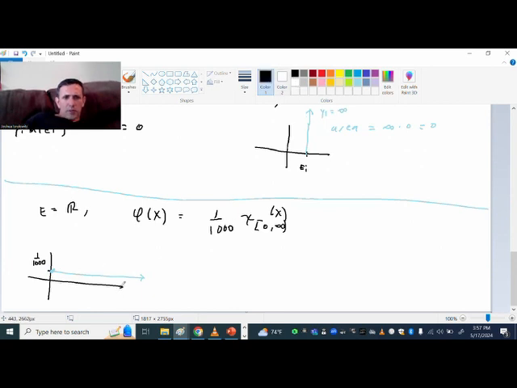On the other hand, this is 0. Jump here.